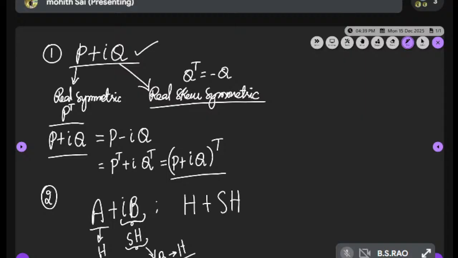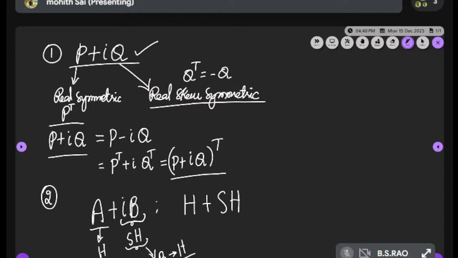If iB is skew Hermitian, then B will be Hermitian. Just before the break you have it: if iB is skew Hermitian, B is Hermitian. Say yes or no? Clear?